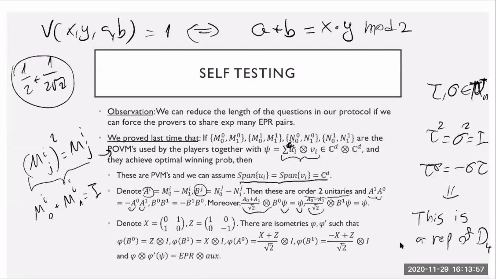And also, it's not any representation of this group. There's only one irreducible representation that satisfies this condition. So it's just the direct sum of these representations, the same representation repeated with a direct sum. So actually, up to some isometry, both A0 and A1 and B0 and B1 can be sent such that B0 goes to Z tensor the identity and B1 goes to X tensor the identity, where X and Z are these two specific matrices.